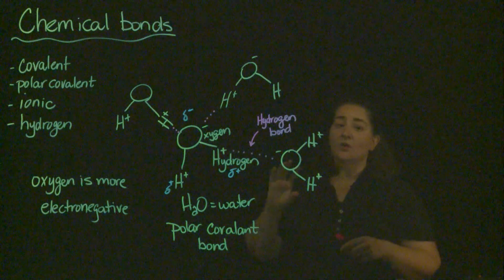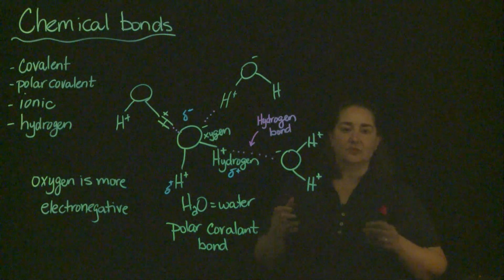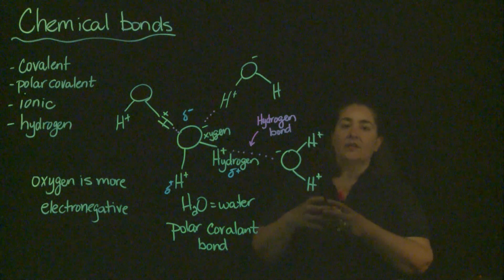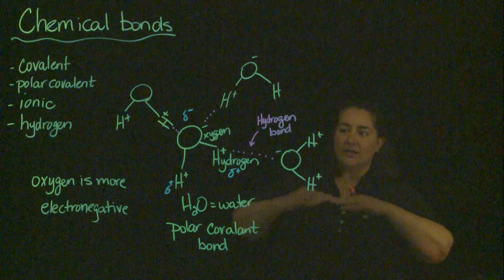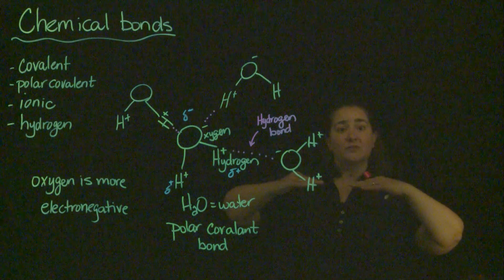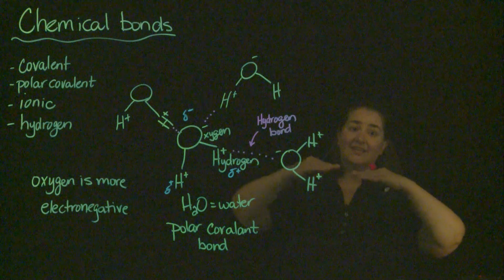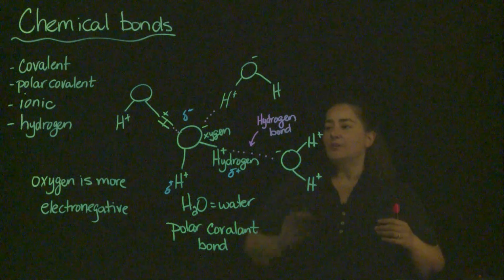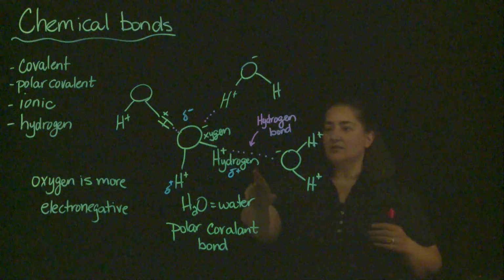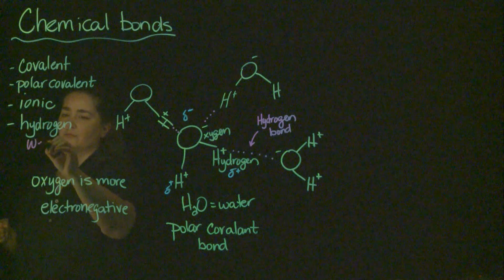Whereas if we look at a more regular structure like ice, which is just frozen water, because the temperature is lowered, it creates a uniform distance between all of the water molecules, all right? And that kind of stabilizes things a little bit. But in terms of that, our hydrogen bonds are going to be our weakest bond.